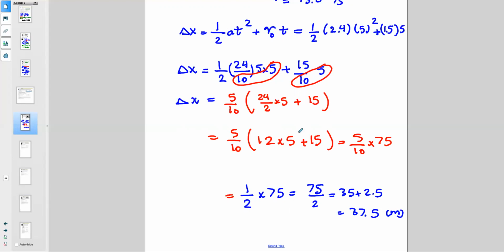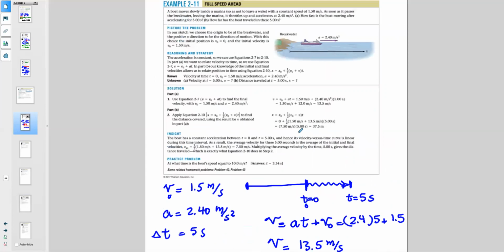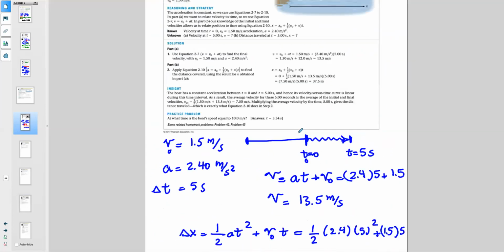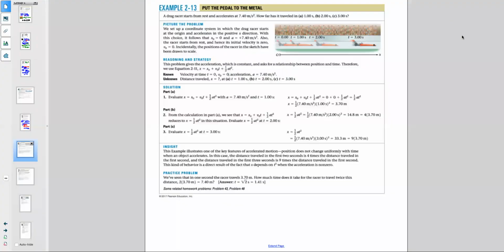This is a very, very interesting problem, so make sure to solve it a couple of times at least for yourself. Okay, next problem in our list. Pause the video, read the problem first, write down the things that you have. Once you do that, we'll start working on it together.